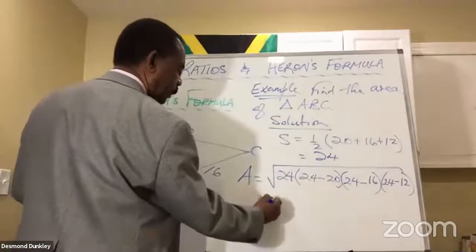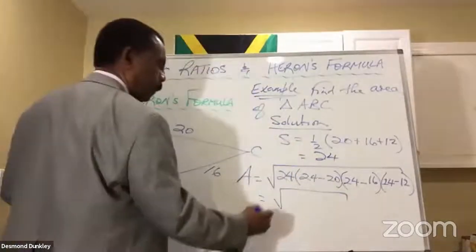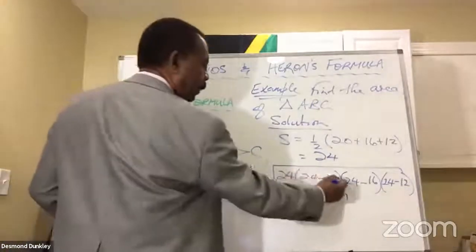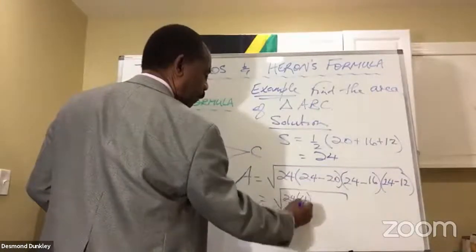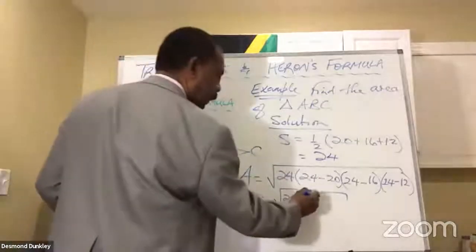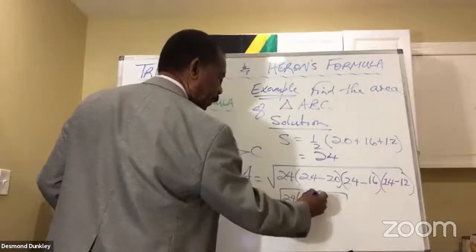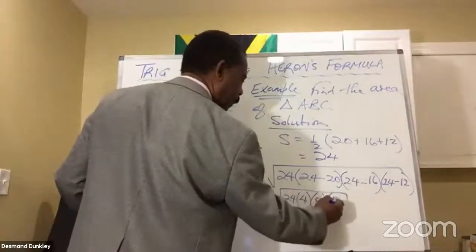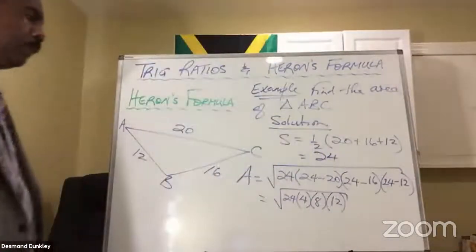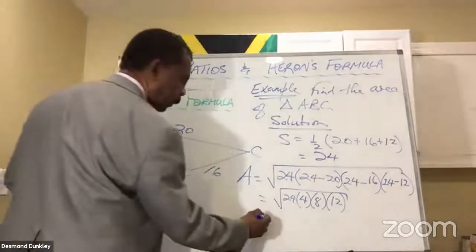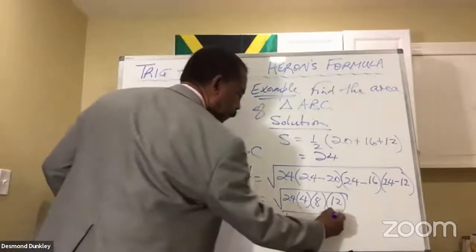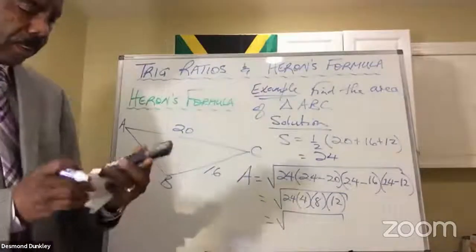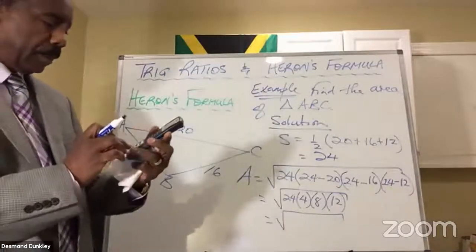So that's equal to the square root of 24 times 24 minus 20 is 4. 24 minus 16 is 8. 24 minus 12 is 12. And then we go find the square root of, we can multiply those, and then there you go.